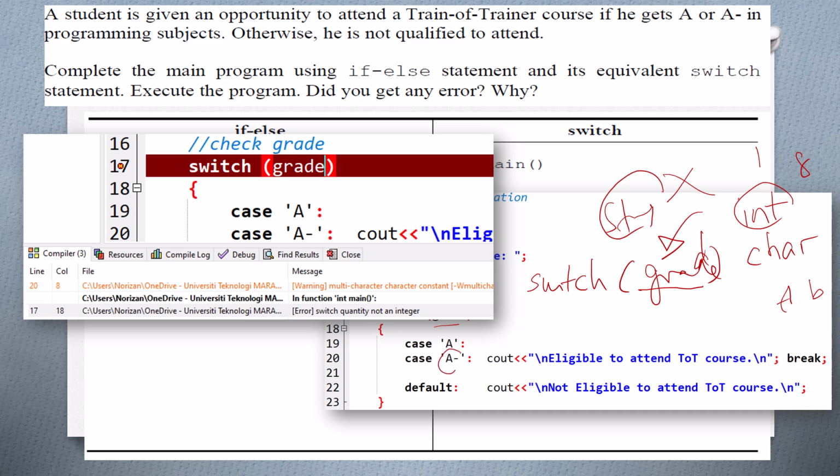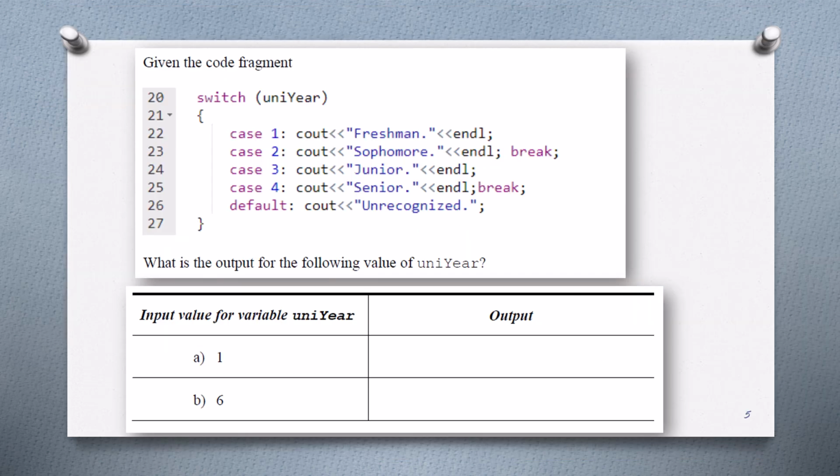A minus, it is a no. For switch, you have to only accept an integer or character value. You cannot use string, you cannot use float, you cannot use double. Okay, that's all for the first question.